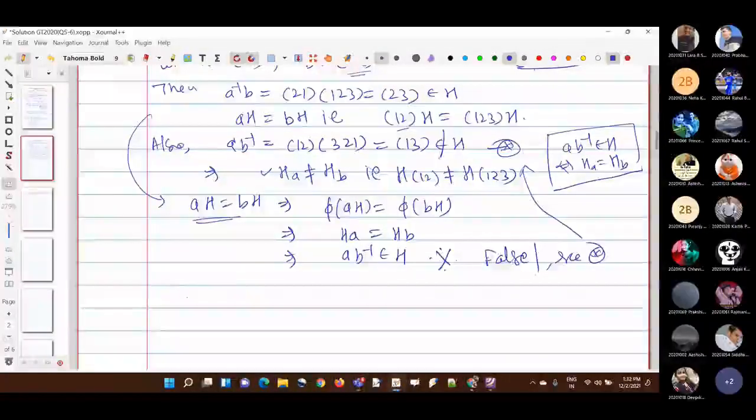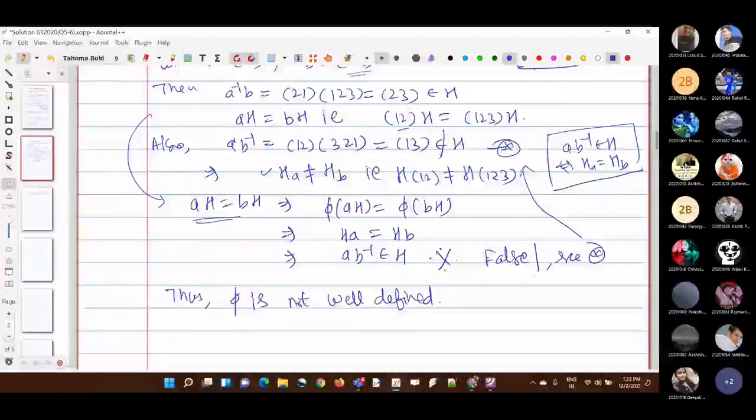So this kind of mapping is not possible, or we can say that thus phi is not well defined. And when we say that phi is not well defined, it means phi is not a function.